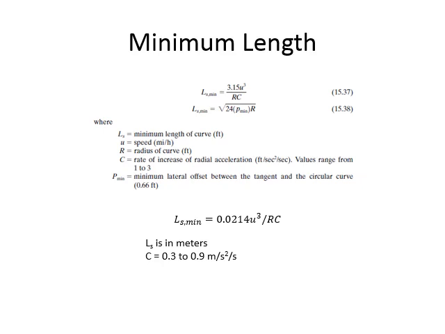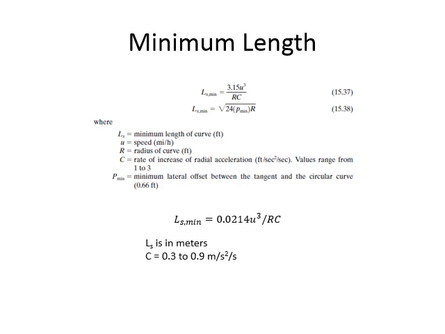Then we have p minimum. If you look at the second equation, we have a new term here, p minimum, which is the offset between the tangent and the circular curve, which is happening because of the spiral curve. So we already know about the offset, the distance between the tangent and the curve. If there was no spiral curve or transition curve, then there would be no offset at the starting point between the circular curve and the tangent.